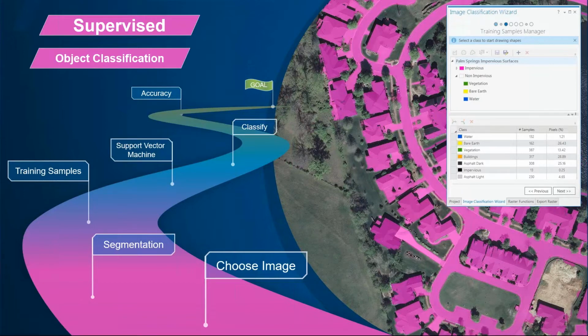The one in this slide, support vector machine, is great for high resolution imagery. Then we classify the image, and we probably have to do this a few times. At the end, we check the accuracy, and then we get some sort of result. That's what you're seeing there in magenta, showing impervious surfaces of an area in Kentucky.